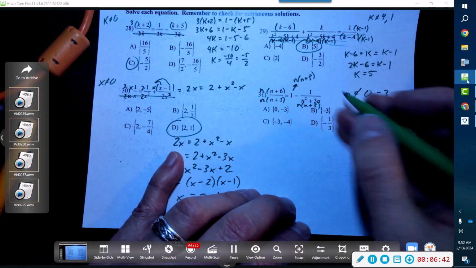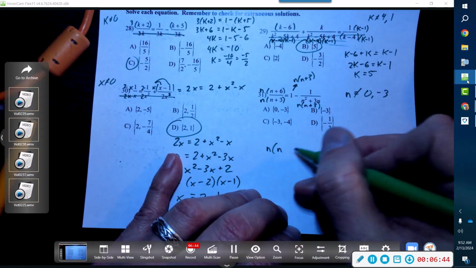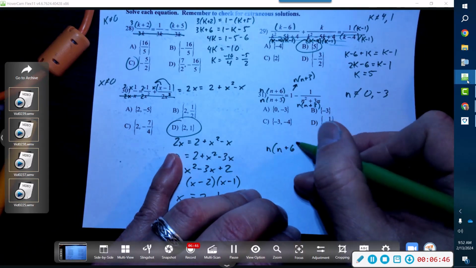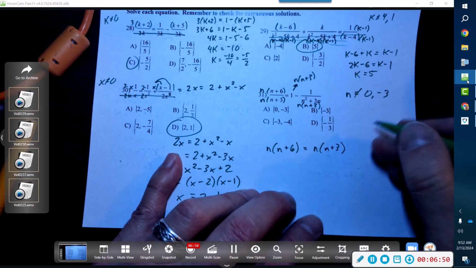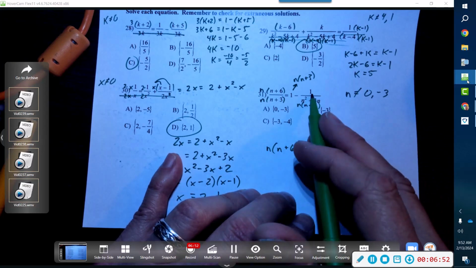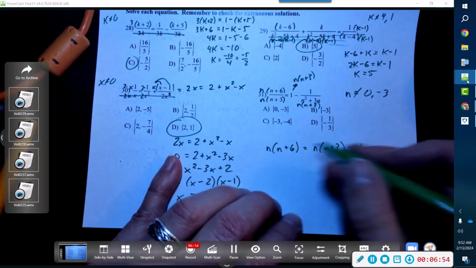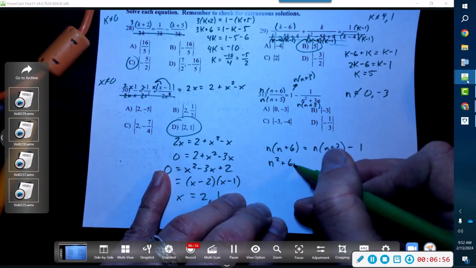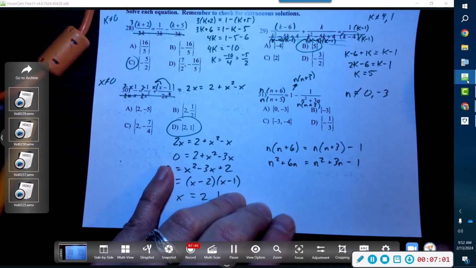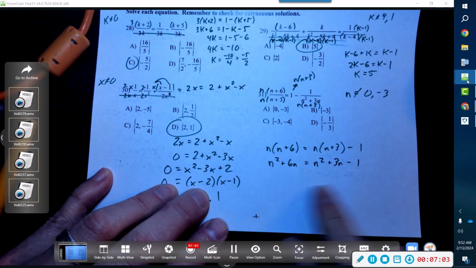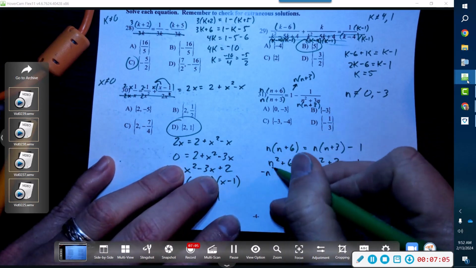How do we know this? Well, let's check it out. We got n times n plus 6 equals n times n plus 3 minus 1, because he didn't need anything. Okay, just unravel. Okay, and this is a quadratic over here, so let's set that to 0. But this is nice.